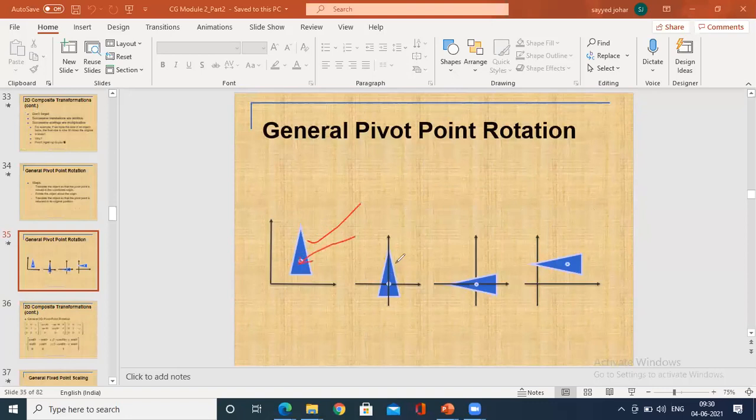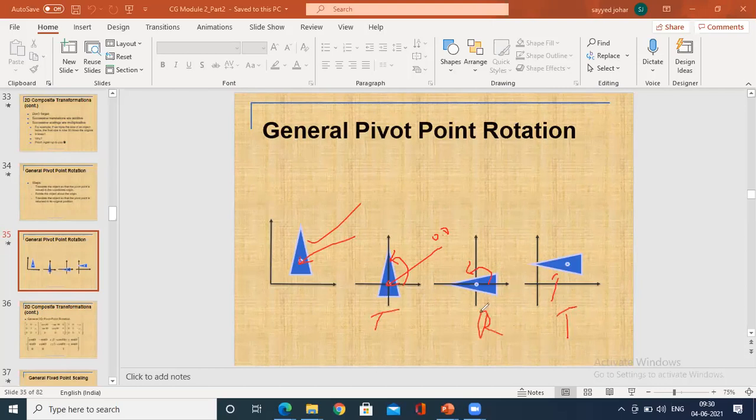What you do is you bring it to the origin, this is origin 0 0. You rotate this by one of the angles. After rotation, the same translation will be applied back. So we have a translation, we have a rotation, we have a translation.